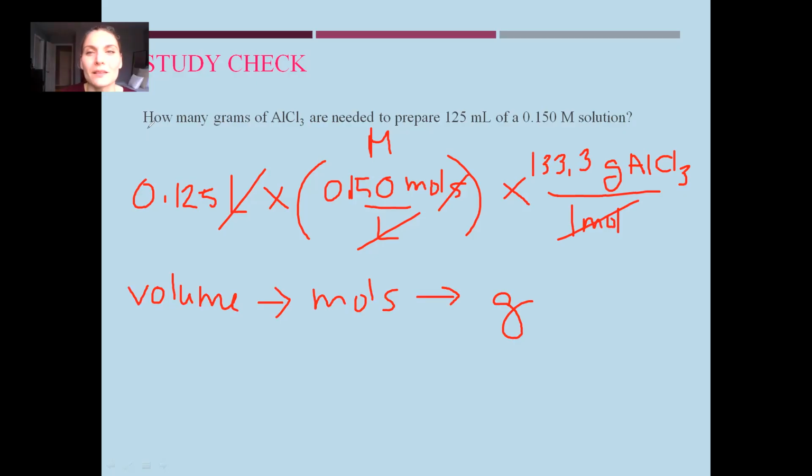So if we total this up, 0.125 times 0.150 multiplied by 0.133, what number do we get? What would be our final number here?